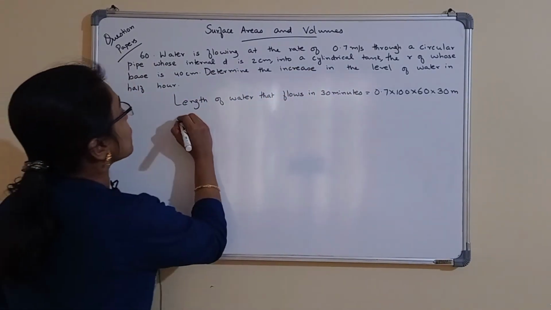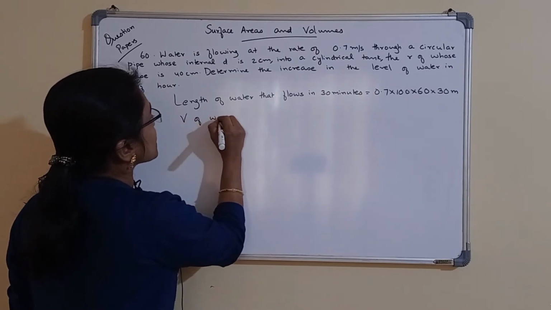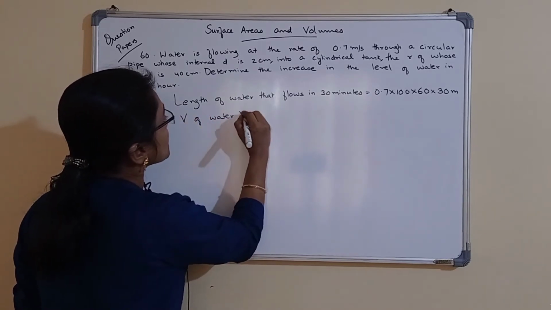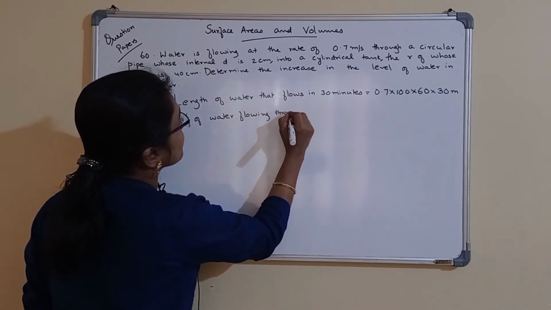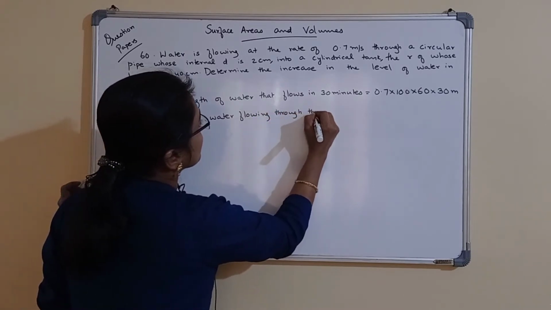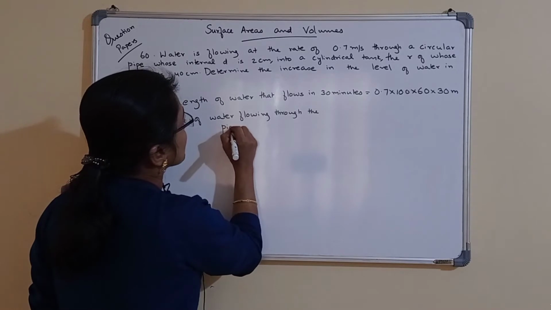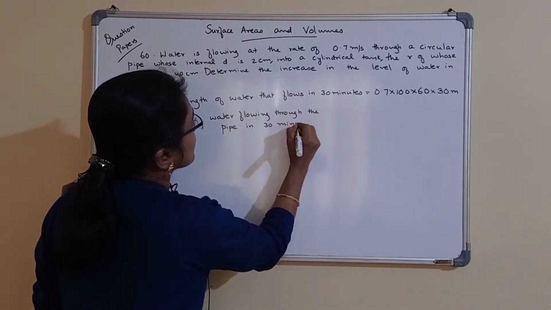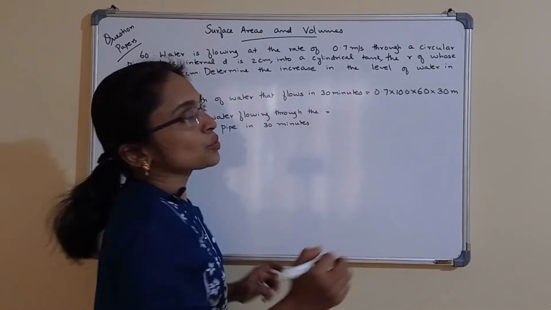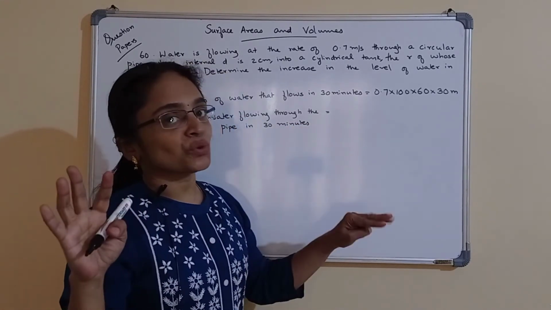Okay. So the volume of water flowing through the pipe in 30 minutes is equal to pi r square h, right?